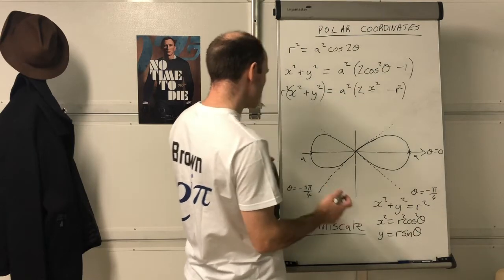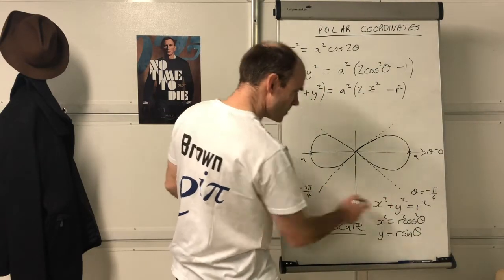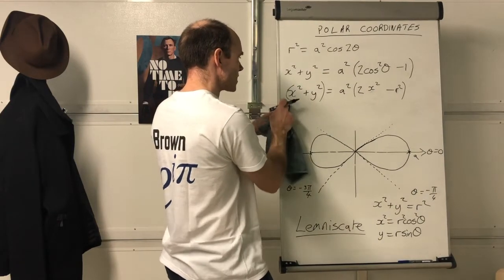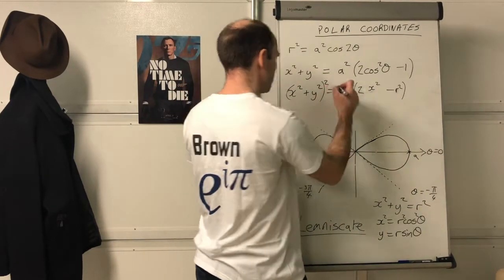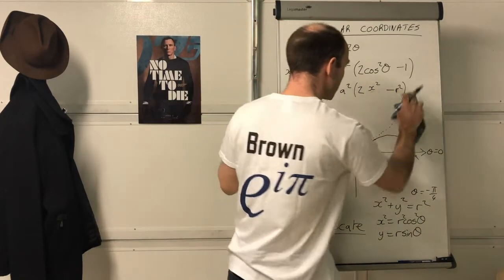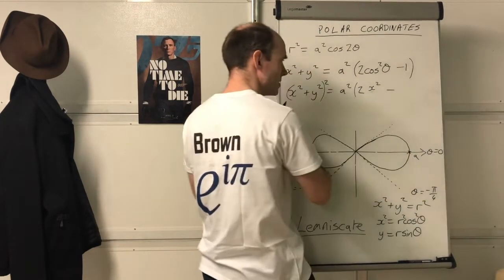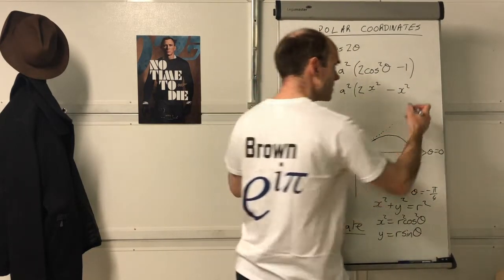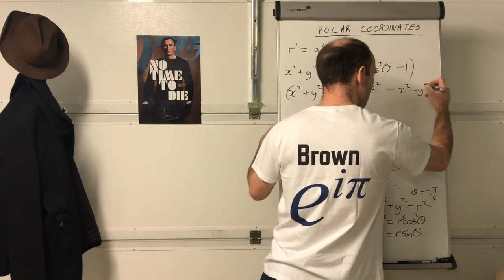Anyway, can't be helped. r squared is x squared plus y squared, isn't it? So x squared plus y squared, all squared, and for r squared I'm going to substitute that in here, so it's going to be negative x squared plus y squared: subtract x squared, subtract y squared.